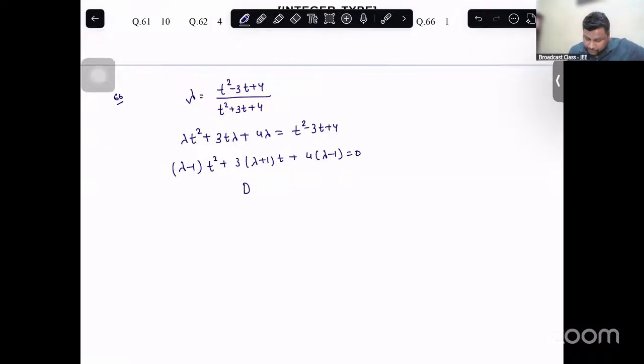Now, for real t, its D should be more than or equal to 0. D more than or equal to 0 means 9 times (lambda plus 1) whole square minus 16 times (lambda minus 1) whole square should be more than or equal to 0.